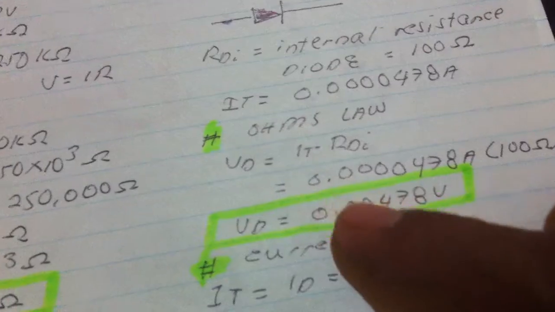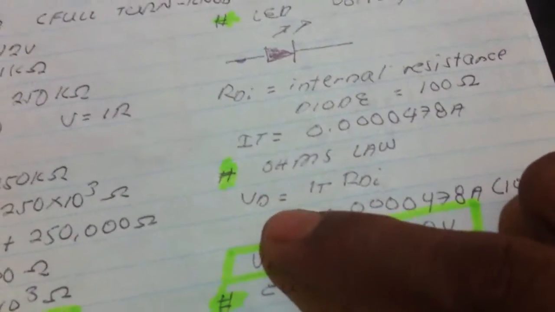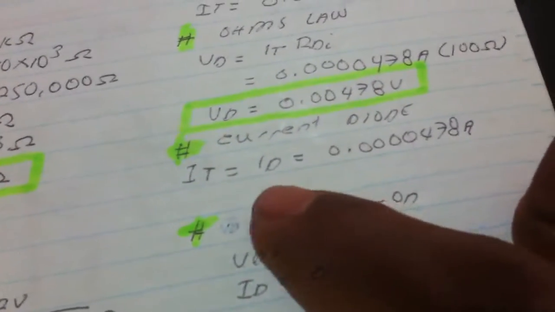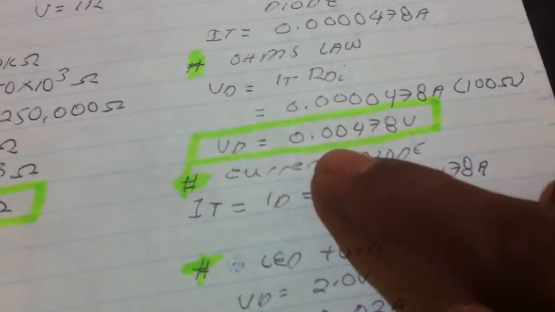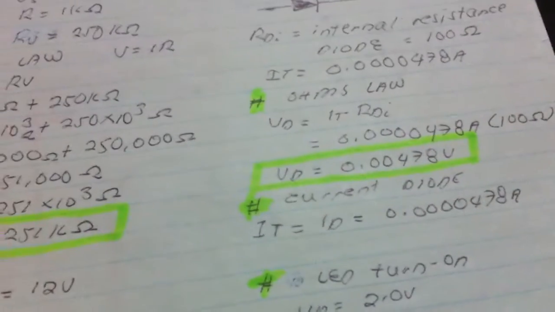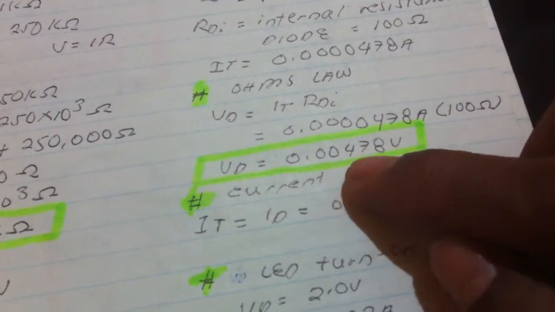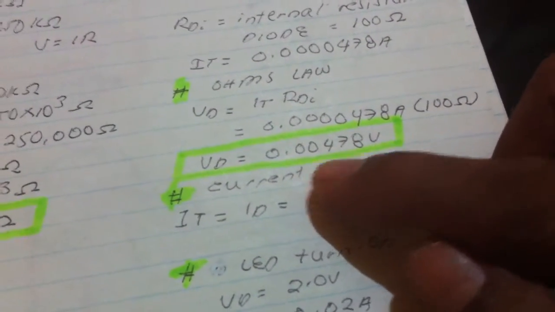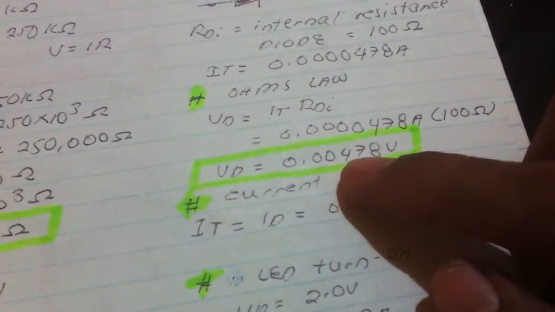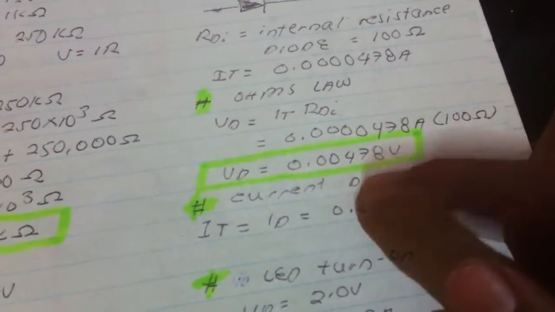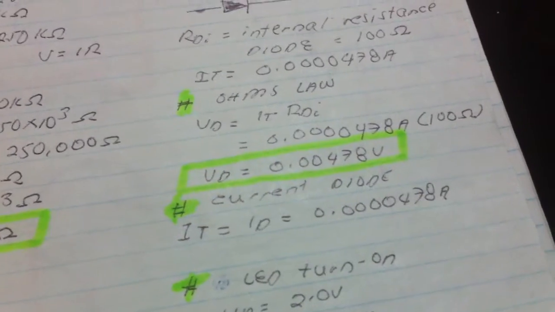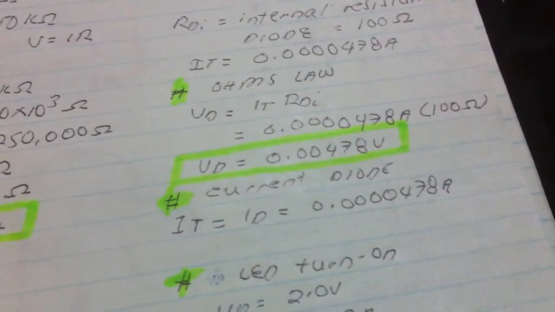So calculating the voltage drop of the LED here, there's a voltage drop at the LED here. Since the current here is constant 0.0004, we get a voltage drop here of 0.04. Since the voltage rating of the LED to turn on is 2 volts, this voltage drop here is not enough to turn on the LED.